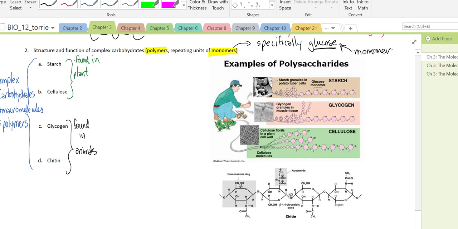So in the case of the plant, starch is the storage form of glucose. In a sense, it's like our long-term store of energy for a plant.